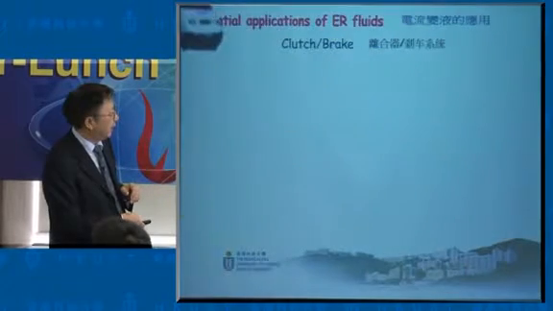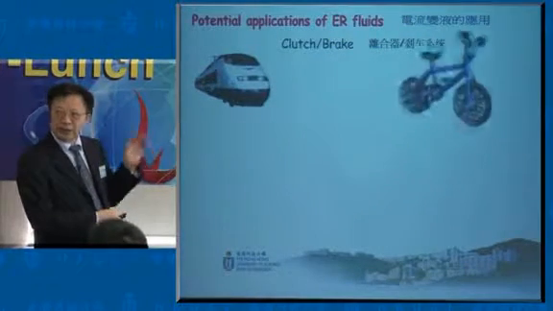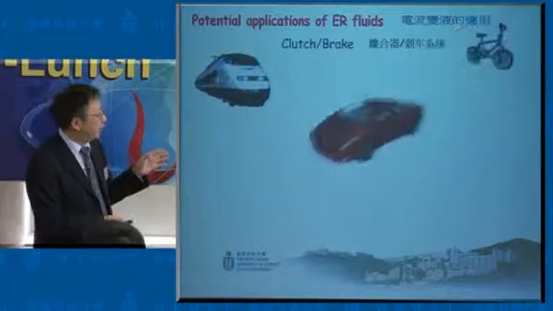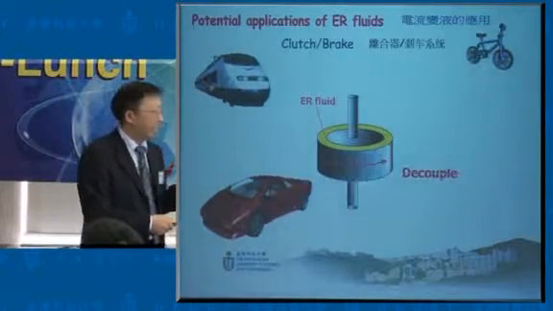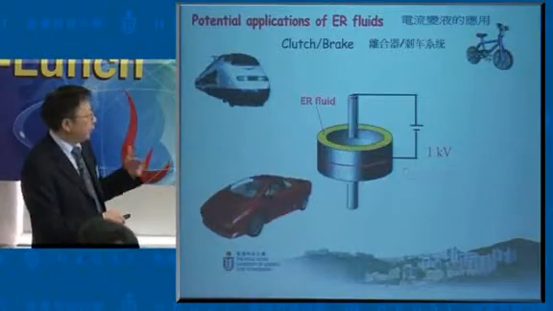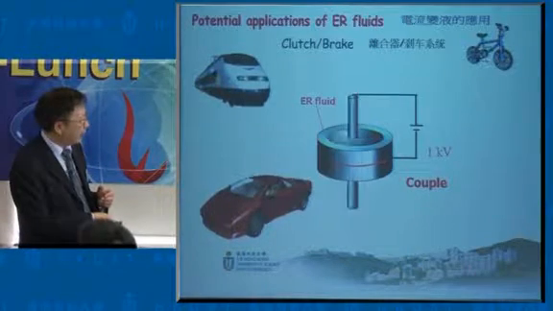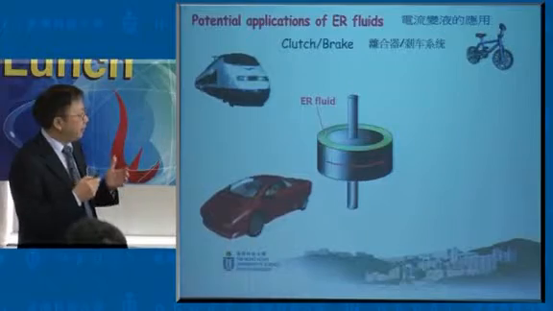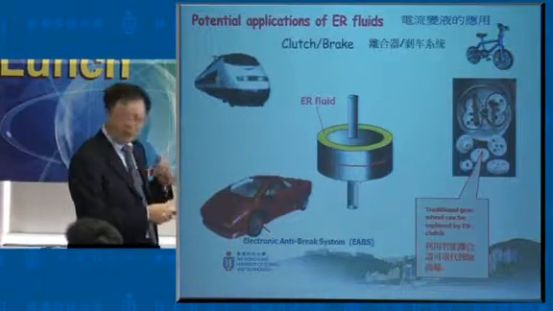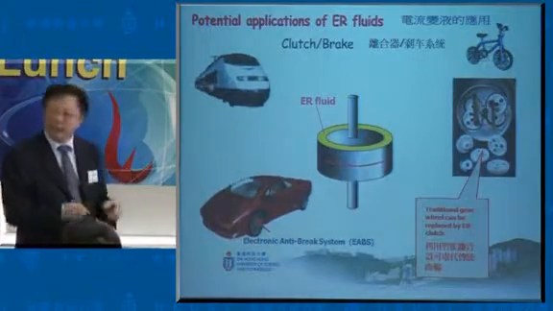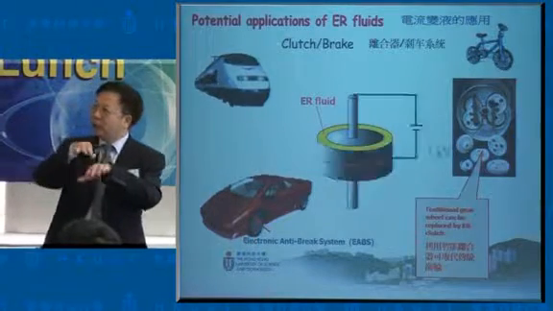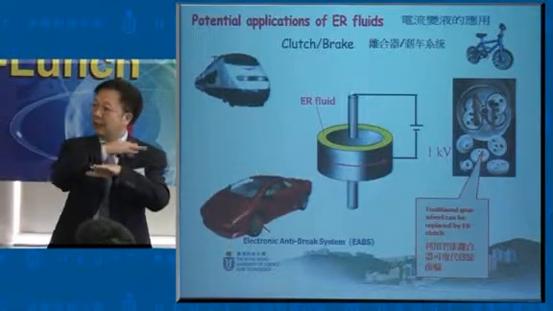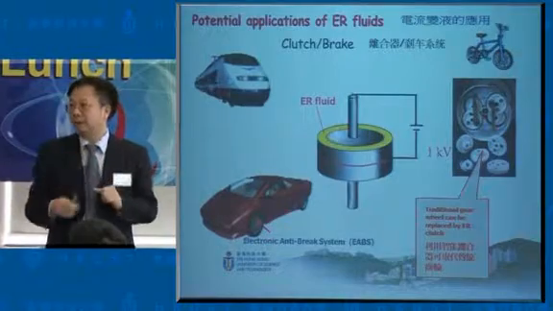And okay, so let me show you how to do this. ER flow actually is very useful for a clutch, a brake, and damping. So you can see here, you can use it in the train and the car, or even bicycle damping. So all this can use ER flow, and eventually we want to replace our gears. You know, gears, you have to use smart materials like ER flow. It's very, very useful.